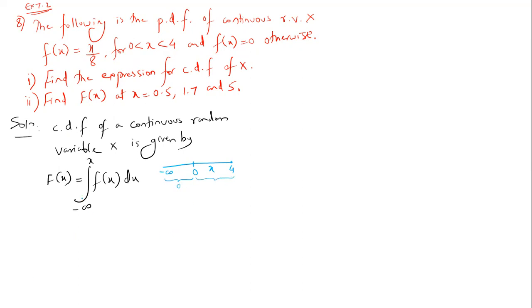So what I'll do is I'll split this integral from minus infinity to x in two parts. The first part is minus infinity to 0, and the second part is 0 to x.